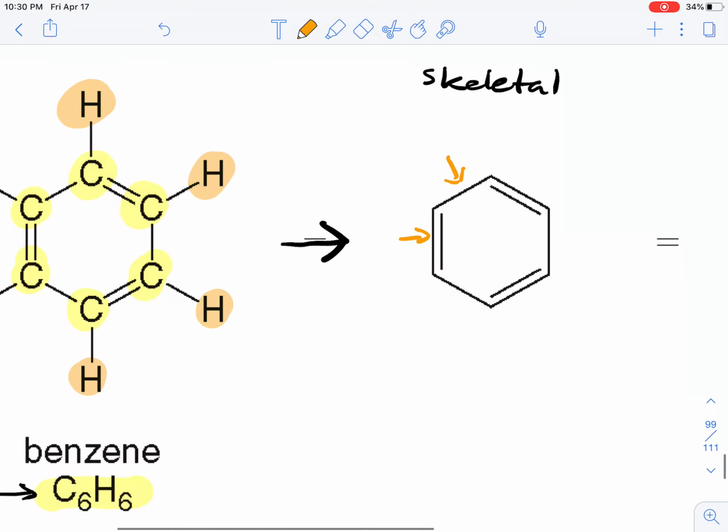And then moving on to the next pair of carbons, we have a double bond again, then a single, double, single. So you have this conjugation of double, single, double, single, double, single, and that's very characteristic for a lot of these aromatic compounds.